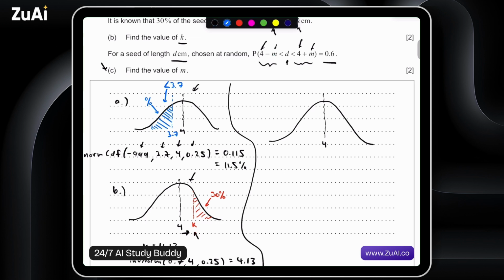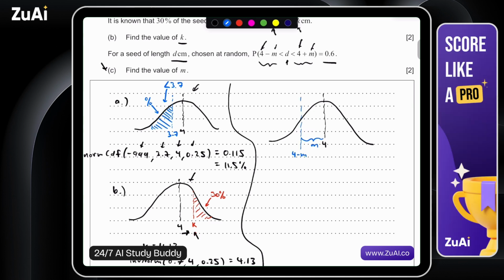So let's just say this is m right here. This point right here would be 4 minus m. So d is greater than 4 minus m. And if this as well is a distance of m, this line right here would be 4 plus m.